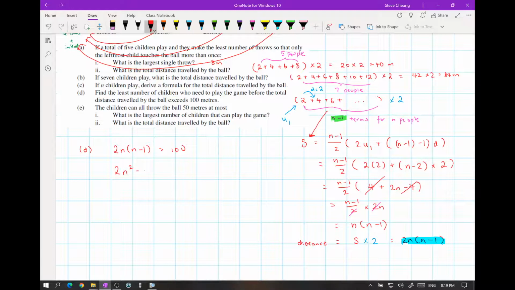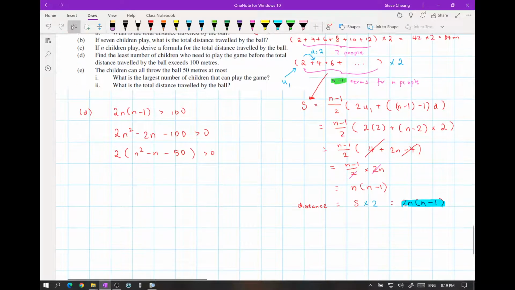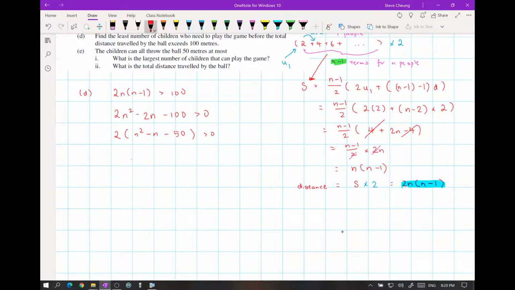But either way, you can factor this again. So I will just use the quadratic formula. N is, so let's label the ABCs. A, B, C.